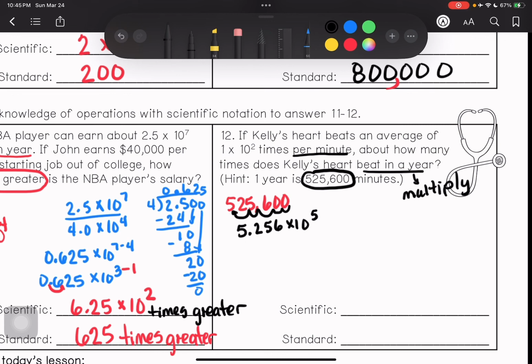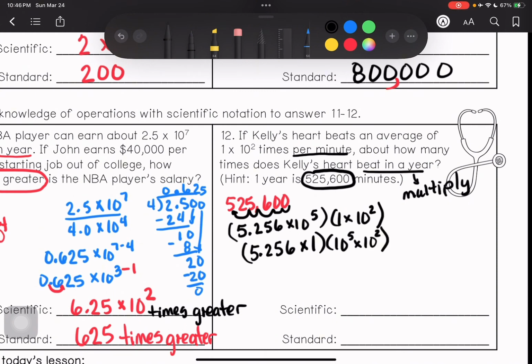And I'm multiplying that by 1 times 10 squared, which is pretty easy because I'm multiplying 1 times 5 and 256 thousandths, and I'm multiplying 10 to the 5th times 10 squared.